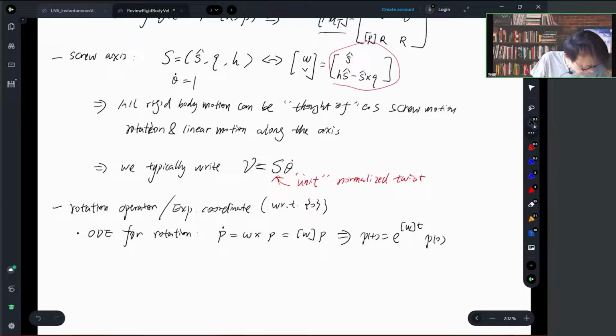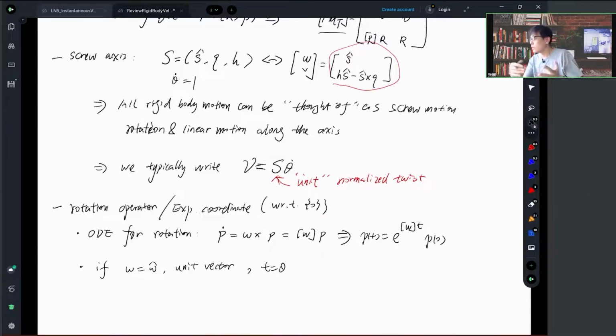Okay, so if this omega is equal to omega hat, which is a unit direction vector, then time has the unit of an angle, right? Because before it was like a speed, now it's unit speed, radian per second.